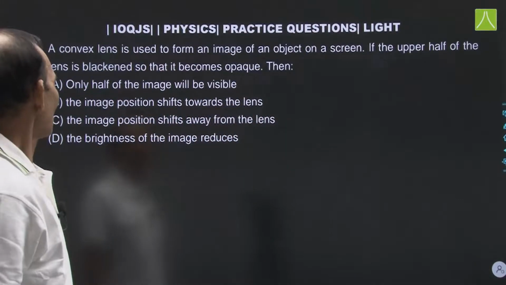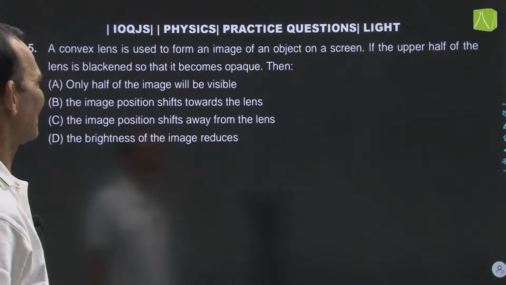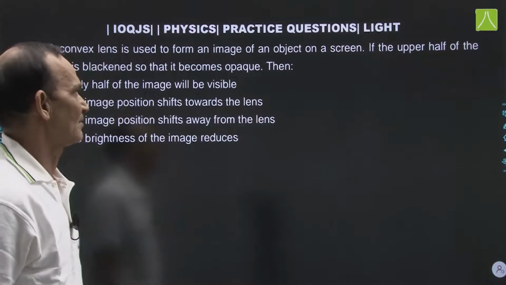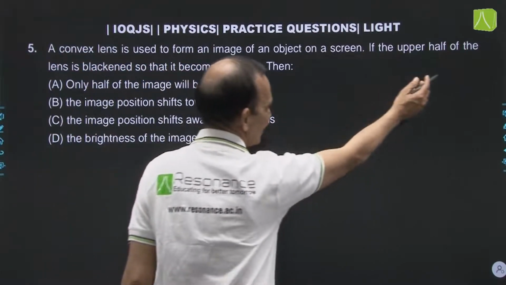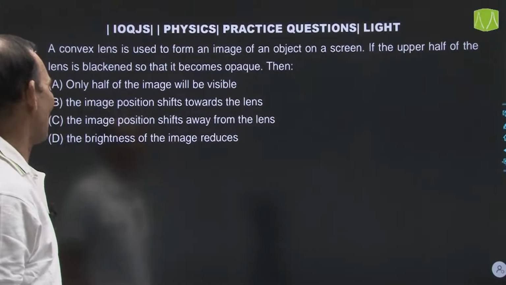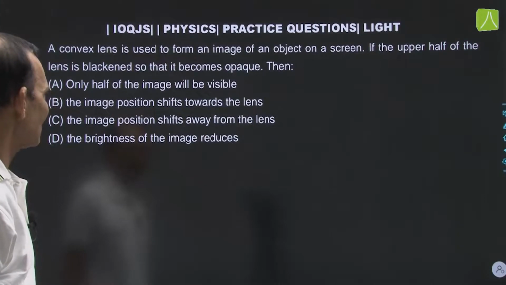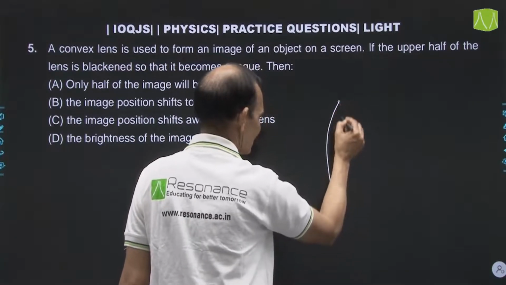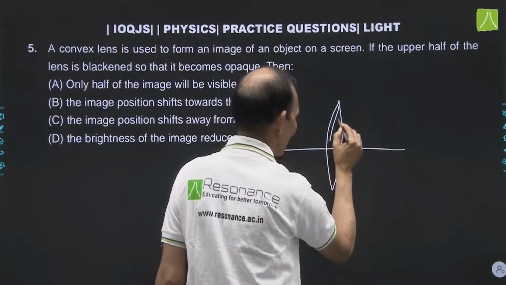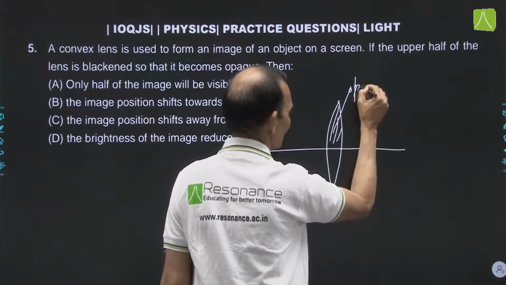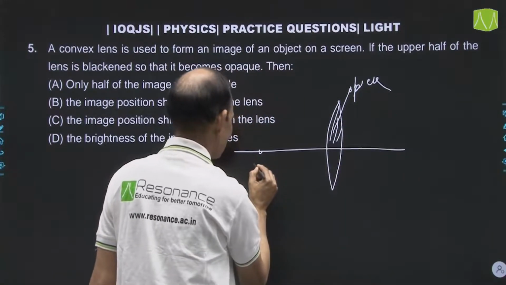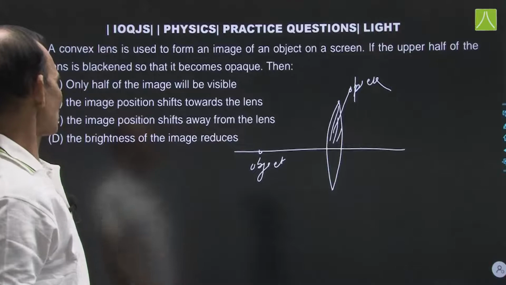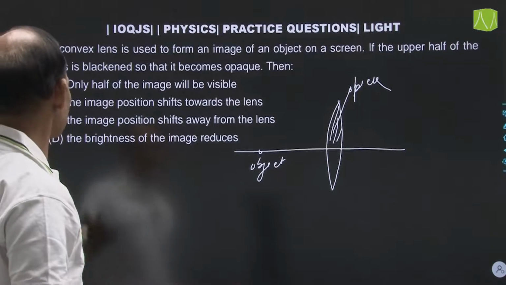Question 5. A convex lens is used to form an image of an object on a screen. It means definitely the image is real because it is caught on a screen. If the upper half of the lens is blackened so that it becomes opaque, then which one is correct?